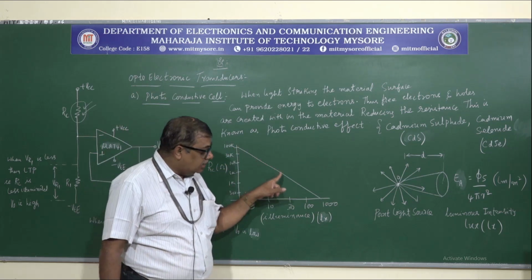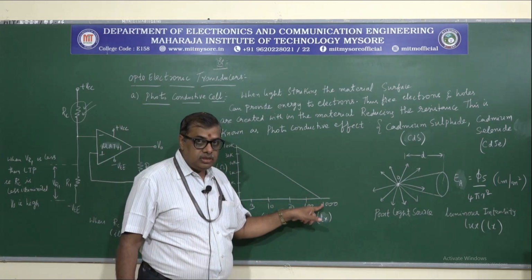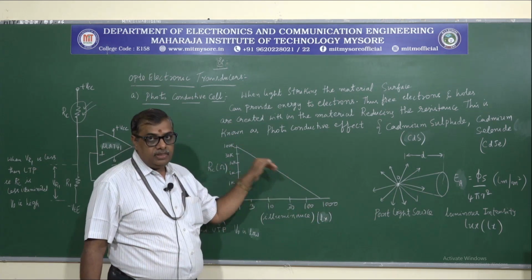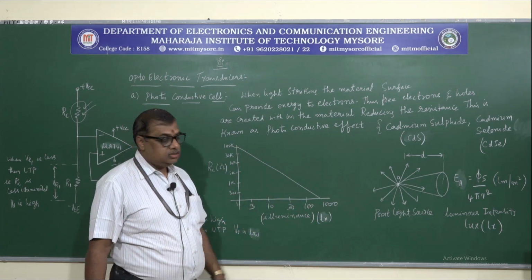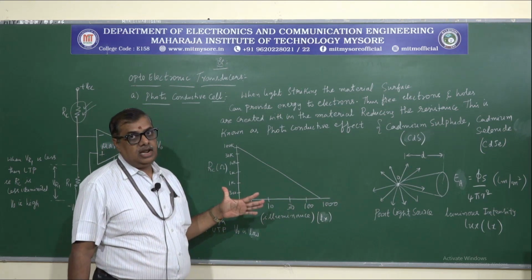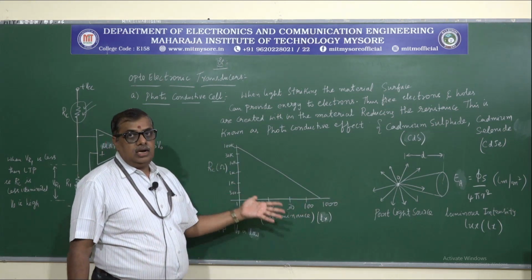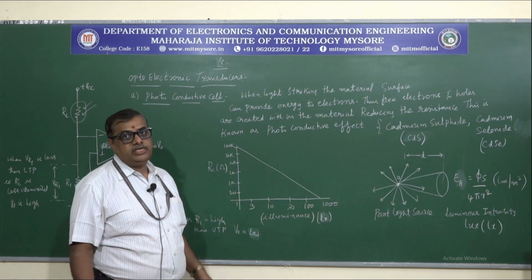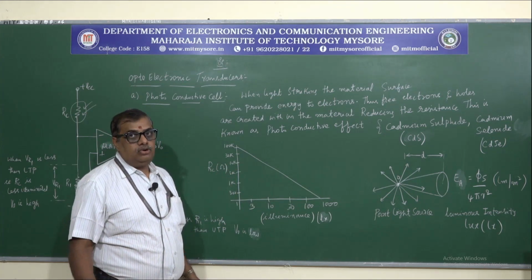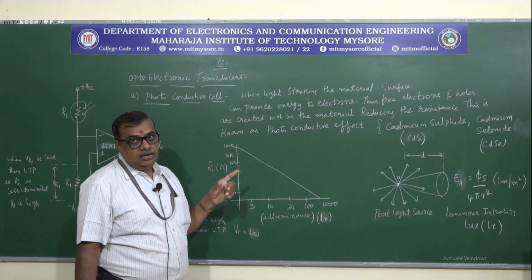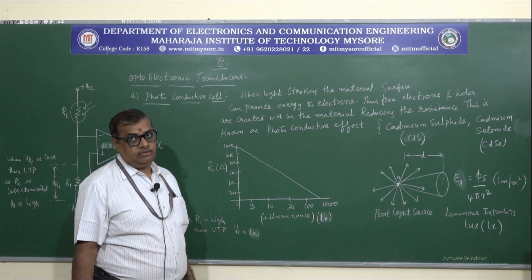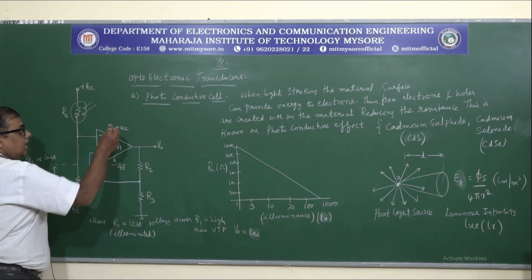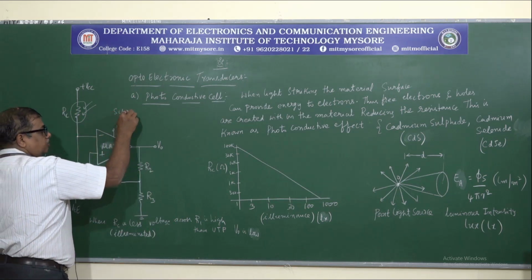Whenever the intensity is high, the resistance is dropping. This is the typical graph of a photoelectronic transducer. Now, how do we measure the optoelectronic effect in terms of a circuit? For that, we have a simple circuit. It is called a Schmitt trigger circuit.